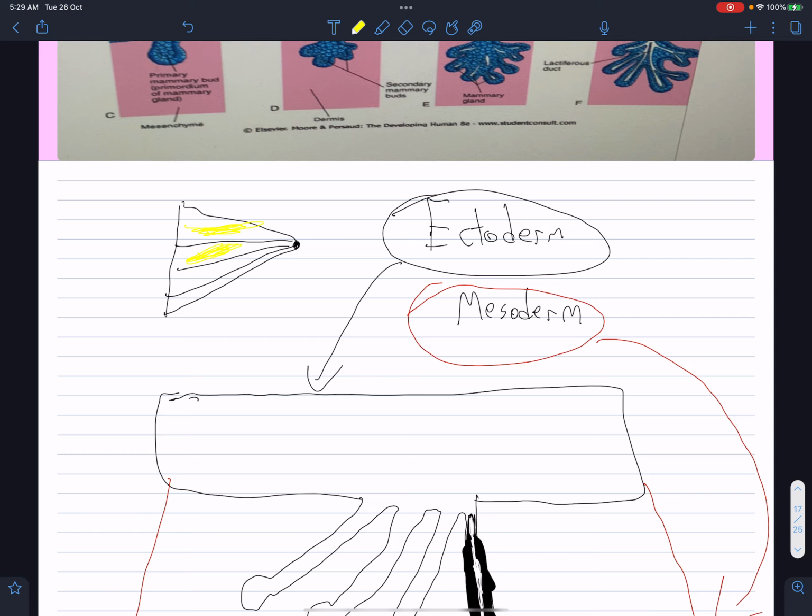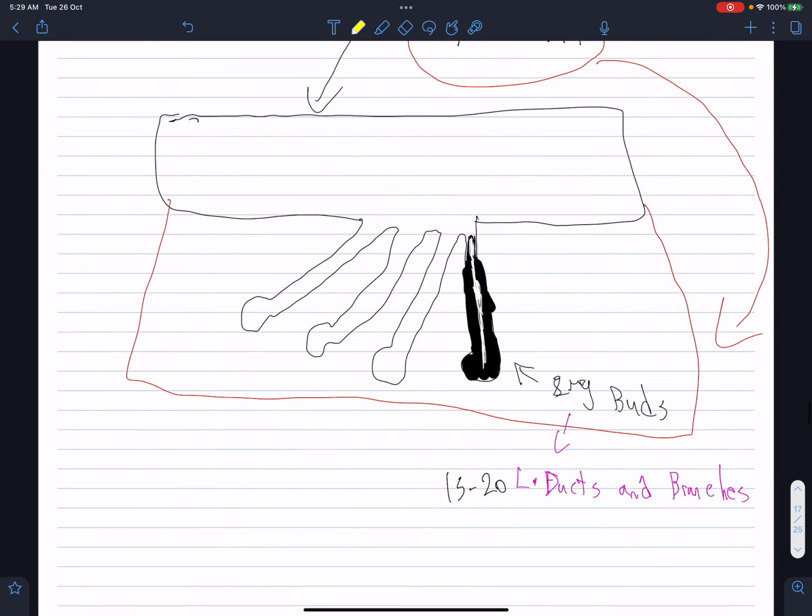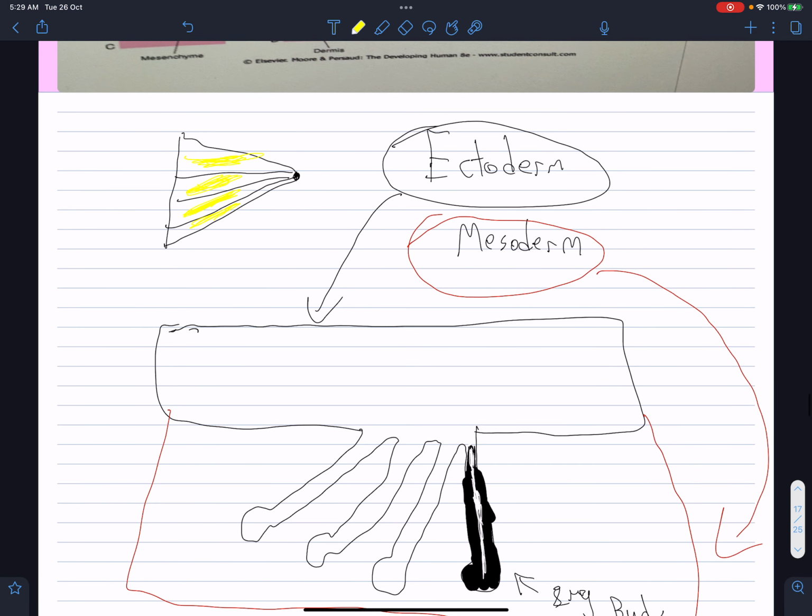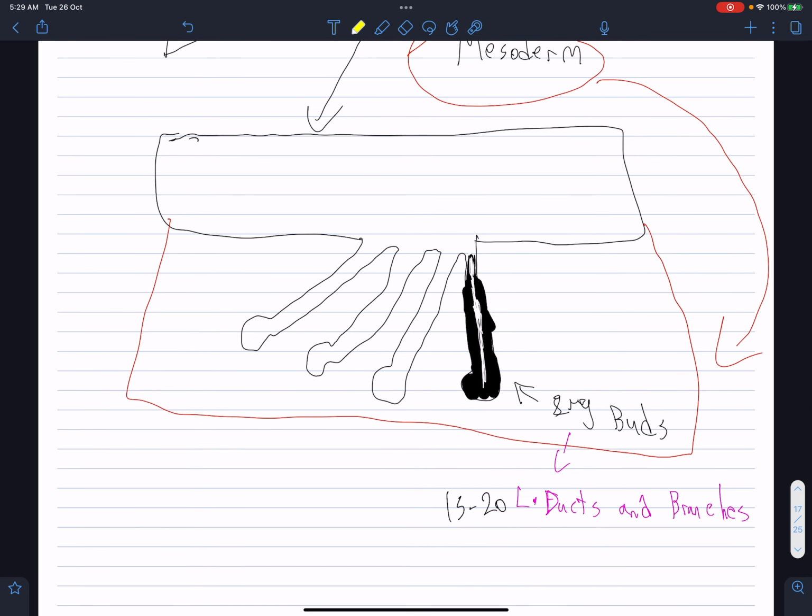So the fat and the connective tissue, they're not going to come from the ectoderm. They're going to come from the mesoderm, or from the mesenchyme. If you want to be more specific, it's mentioned somatic layer of intraembryonic mesoderm, but the same thing, from the mesenchyme. And it's going to surround it. Tamam? I'm going to draw it in a circle right here. It's going to surround it. Or let me draw it in pink so you can see it clearly.